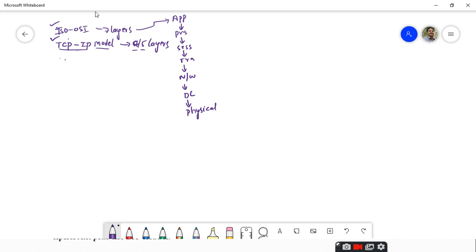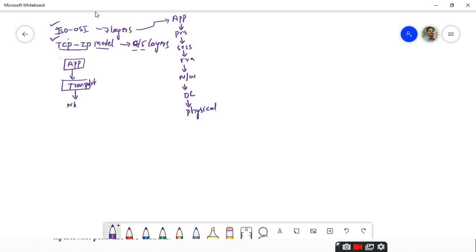In the TCP IP model, the first layer is the application layer, which we know very well, and the second layer combines the presentation layer, session layer, and the transport layer into a single entity, which is called the transport layer.